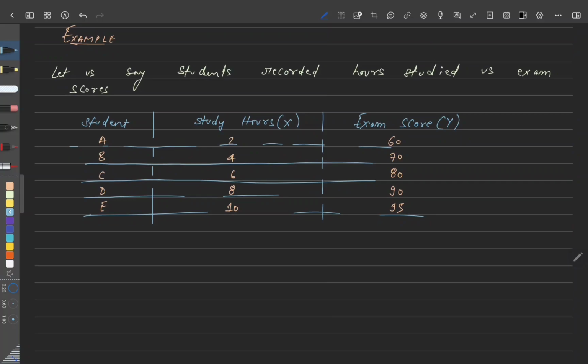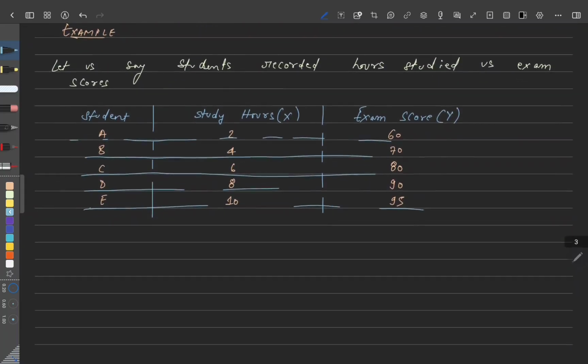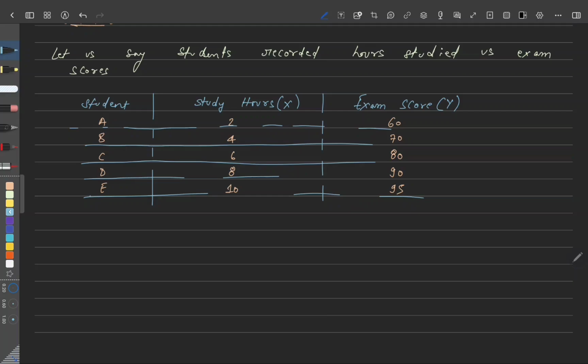The student who studied only 2 hours got 60 marks, and the student who studied 10 hours got 95 marks, which is the maximum, and then 4, 6 and 8 respectively got 70, 80 and 90 marks. So you can use the formula and you will get a similar result, which will tell you that the covariance is positive.